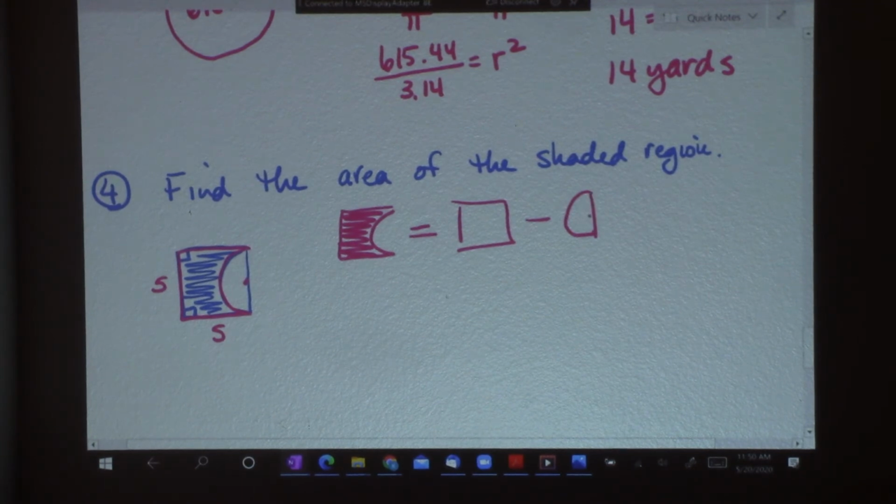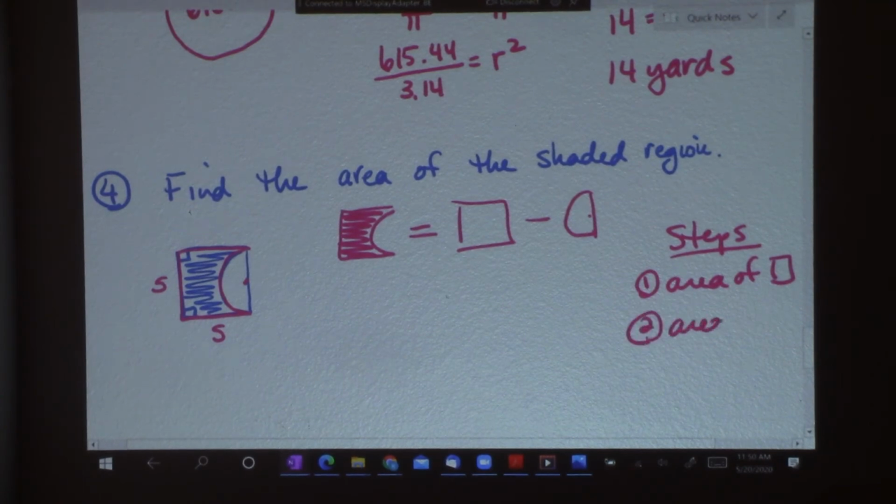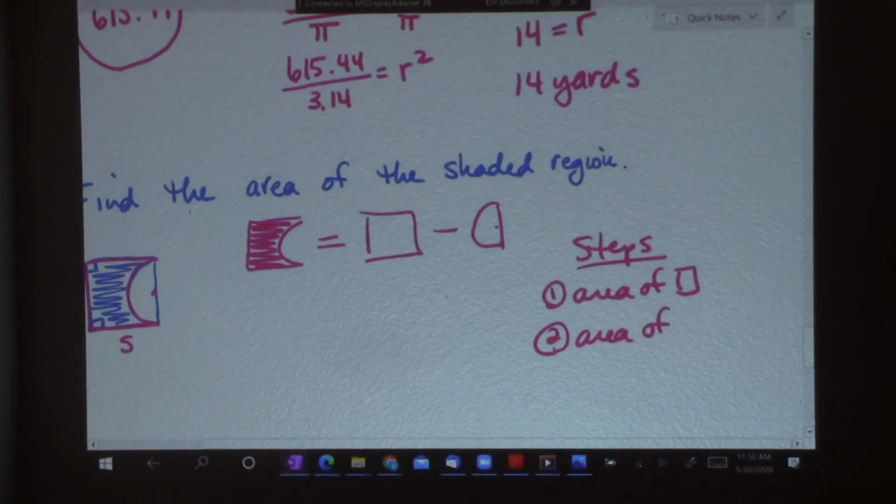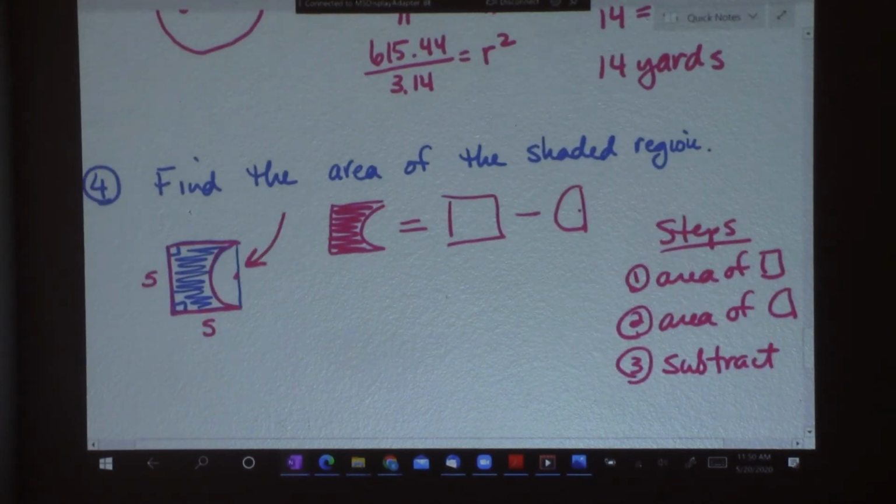So my steps are to figure out the area of the square and the area of the semicircle, and then subtract them. I want to take the area of the semicircle out of the square.